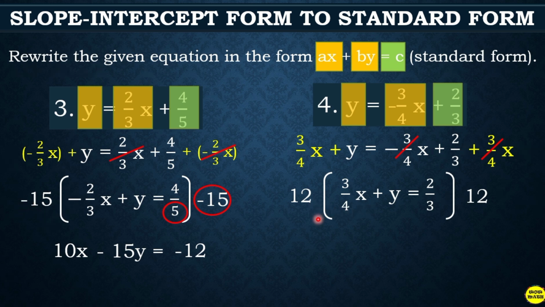So, ganun ulit. 12 divided by 4, that is 3. 3 times 3, that is 9x. And then next, wala tayong denominator, so wala tayong kailangan i-divide. Multiply na kagad. So, 12 times y, that is 12y. And then, 12 divide 3, this is 4. So, 4 times 2, that is equal to 8. So, we now have 9x plus 12y equals 8.